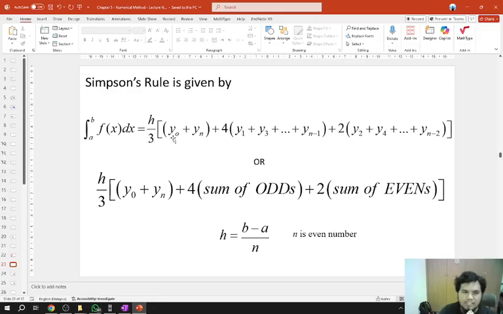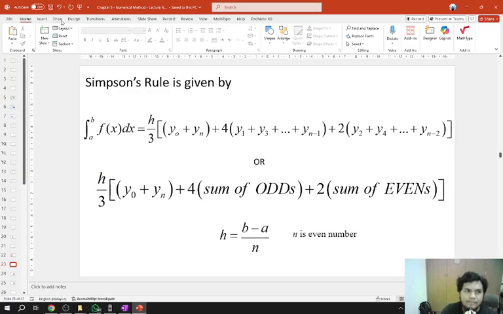We have the summation of y0 plus yn plus 4 multiplied with the sum of the odd values: y1, y3, y5 and so on, only the odd numbers, and plus 2 times the sum of the even values: y2, y4, y6, y8 and so on and so forth.